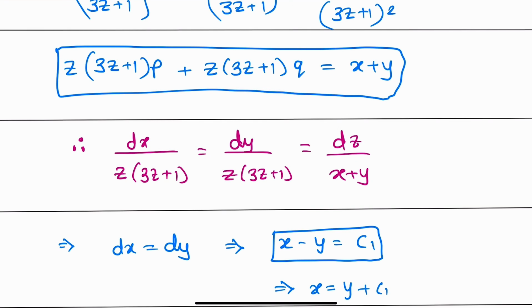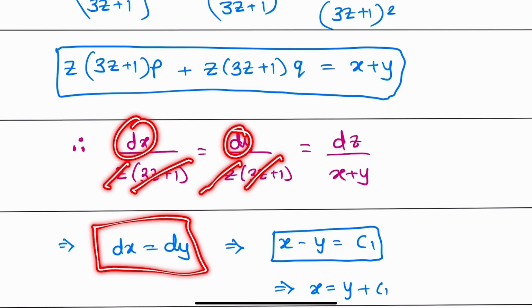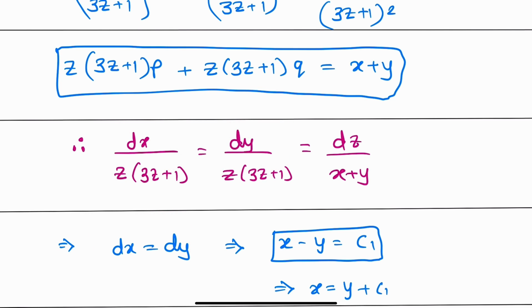Now, if we take the first two ratios, the 3z plus 1 and the z will get cancelled out, and we will be left with dx equal to dy. This is what we have written here. Once we integrate it, we will directly get x minus y equals some constant c1.